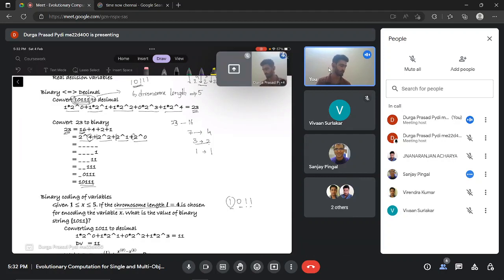Let me just give you an example. If you consider some function f of x equal to x square, let's just consider a simple example. My objective is to minimize this function x square. We just plot f of x equals x square. It will be something like this. And I am saying x varies between 1 and 5.